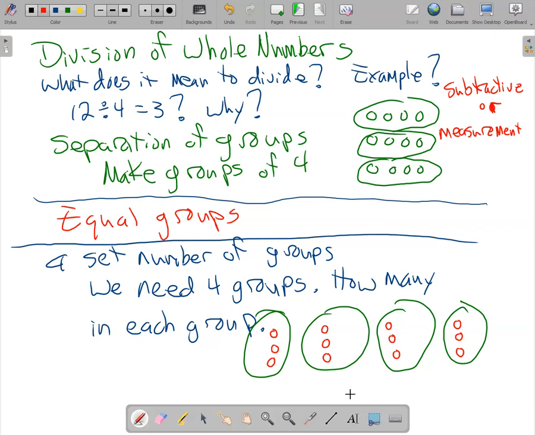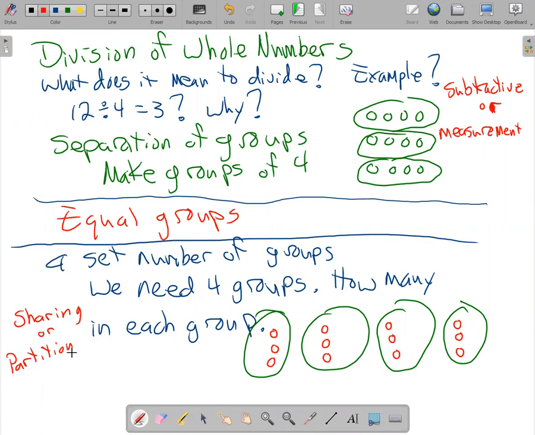And this other one down here, we would call the sharing version of division. Sometimes it's called the partition or partitive. You want to break 12 up into 4 equal parts. How big is each part?